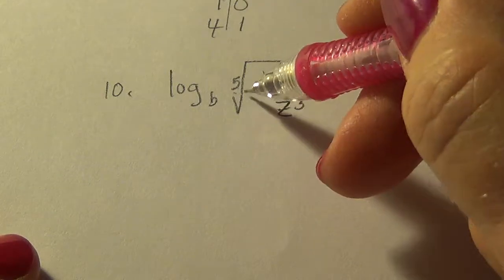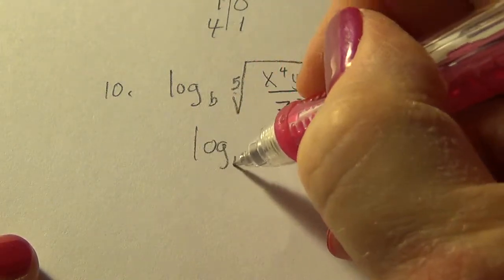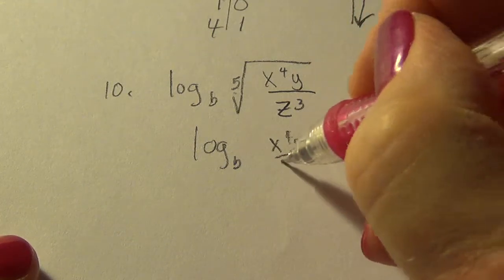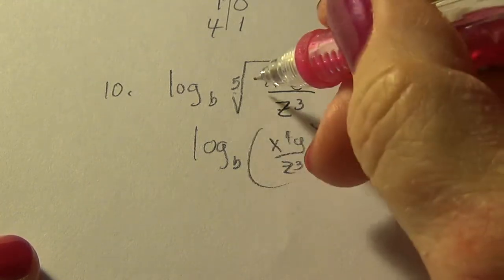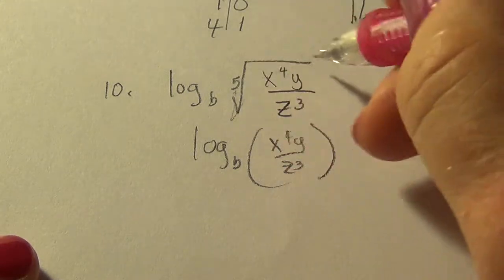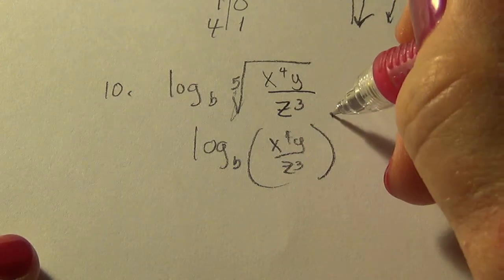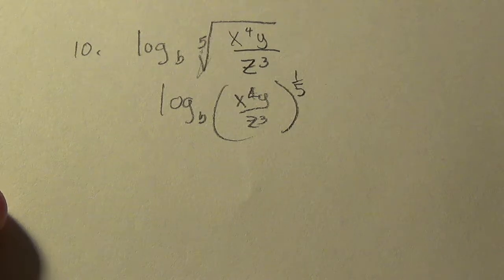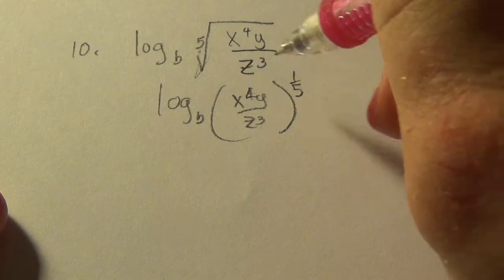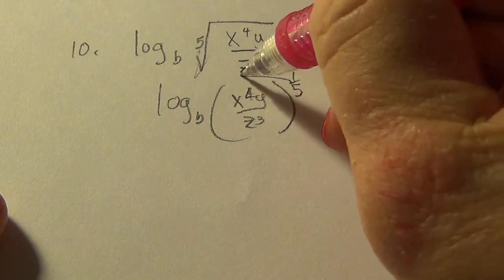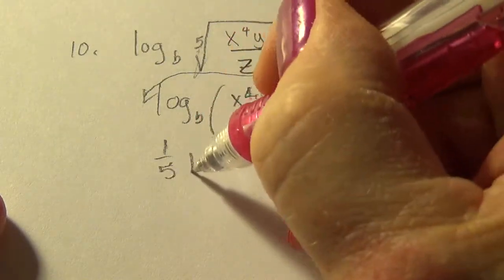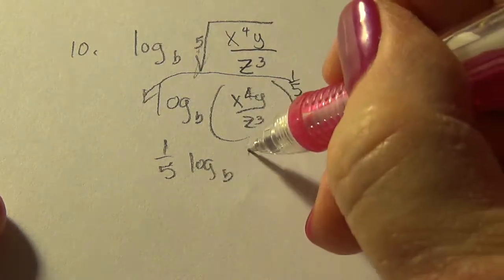So remember, we can rewrite this whole expression, x to the 4th y over z cubed, raised to the what? Instead of the 5th root box, we can use the fraction 1/5. So now we are going to break this up. One of the rules of logarithms allows us to move that exponent down in front where it becomes a coefficient.